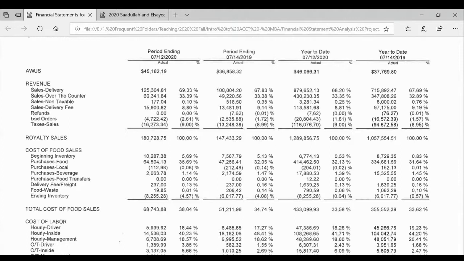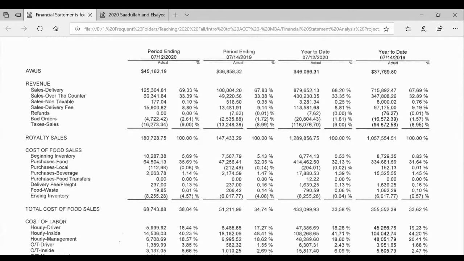Sales refunds. Now, if you come all the way to the right, you see in 2020 it was $7.62, and in 2019 it was $76.27. This is 0% of the total sales, right? Total sales was 1.2 million, and if you do a calculation, it becomes, if you round it to two decimal points, it's 0. And this, if you round it, it's 0.01. You see, sales refunds, sales returns, and refunds, same thing. Something we need to worry about? Do you think this is something that we need to concern ourselves as auditors? Is there a big issue in this?